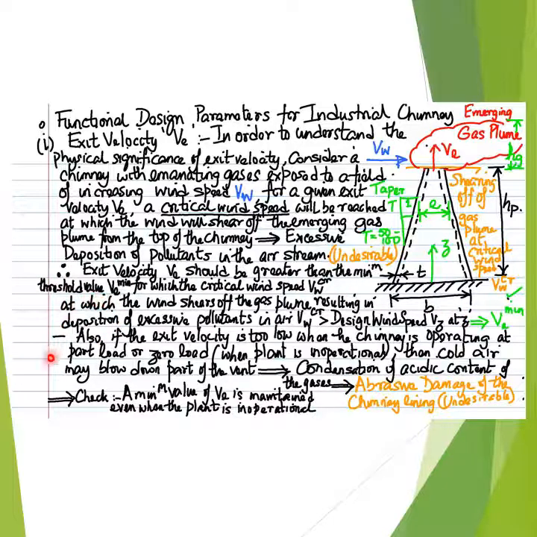In other words, for too high exit velocities or too low exit velocities, there are other additional design issues from the point of view of functional design of the industrial chimney.